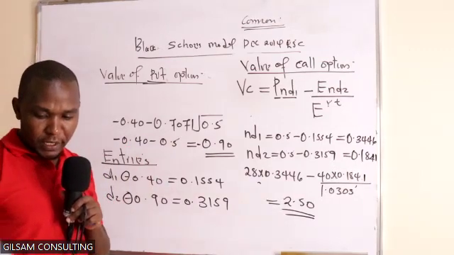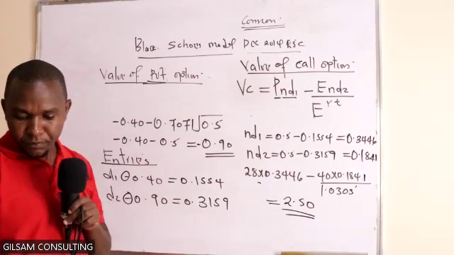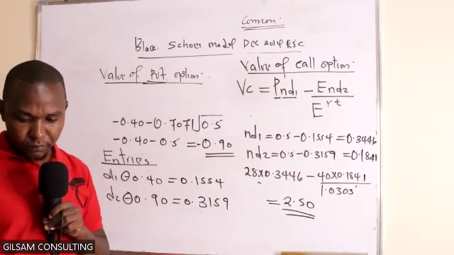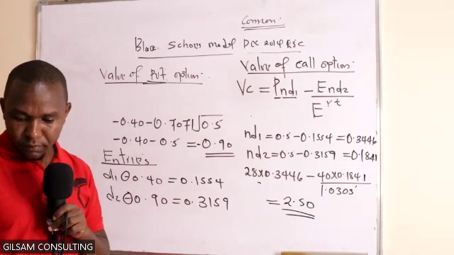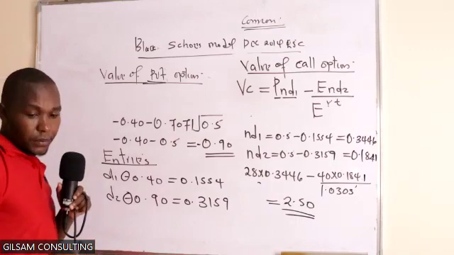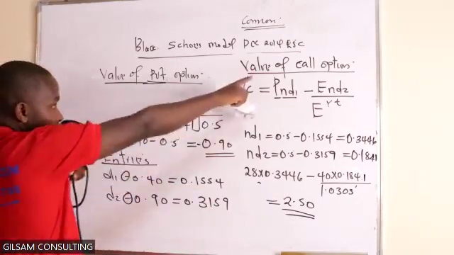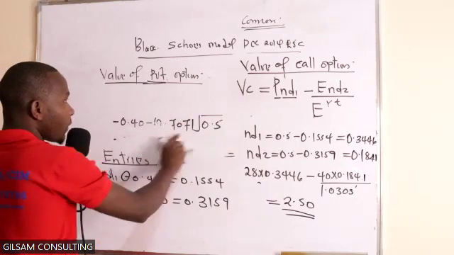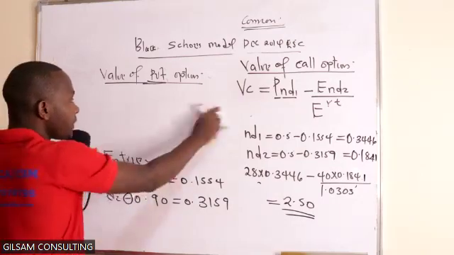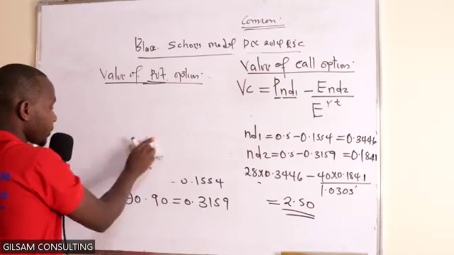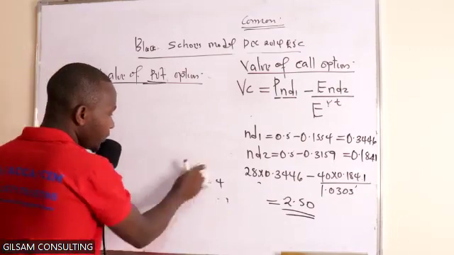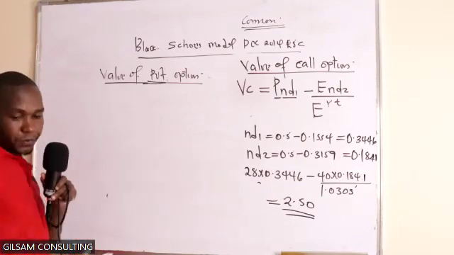If the examiner is asking for the value of put option, a put option, then you will use the value of put option. You cannot calculate the value of put option if you don't have the value of call option.